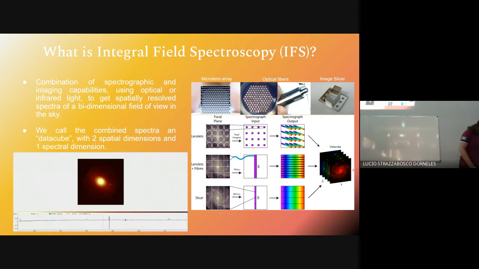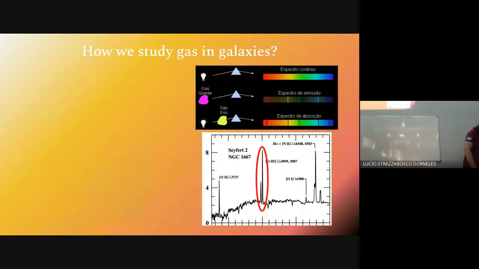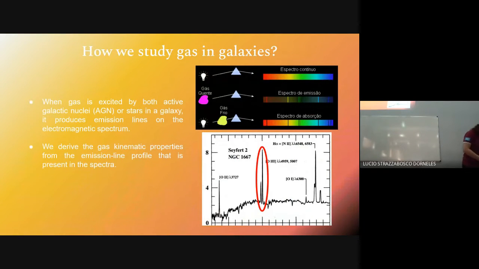Okay. So the second thing: how is the gas in galaxies? When gas is excited by either an active galactic nucleus or stars in a galaxy, it produces emission lines on the electromagnetic spectrum. We can see here these peaks are the emission lines, and we derive the gas kinematic properties or features from the emission line profile that is present in the spectrum.